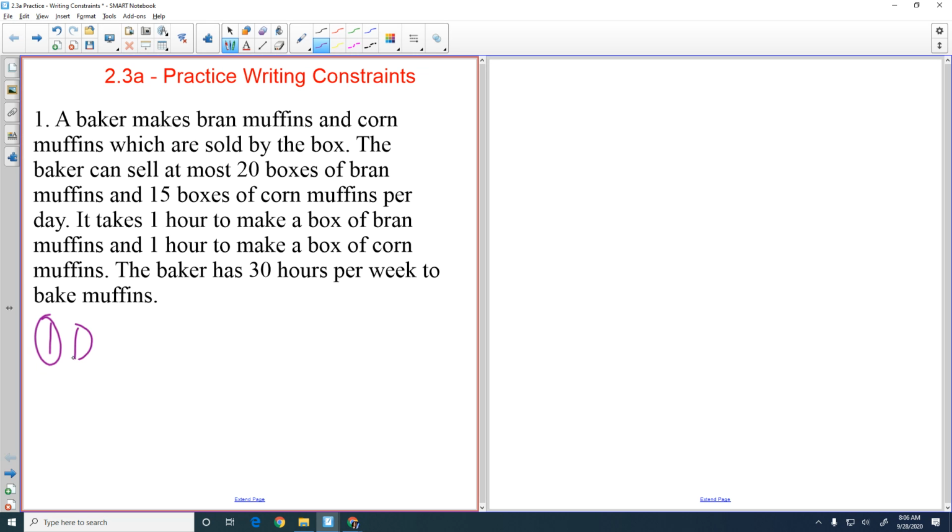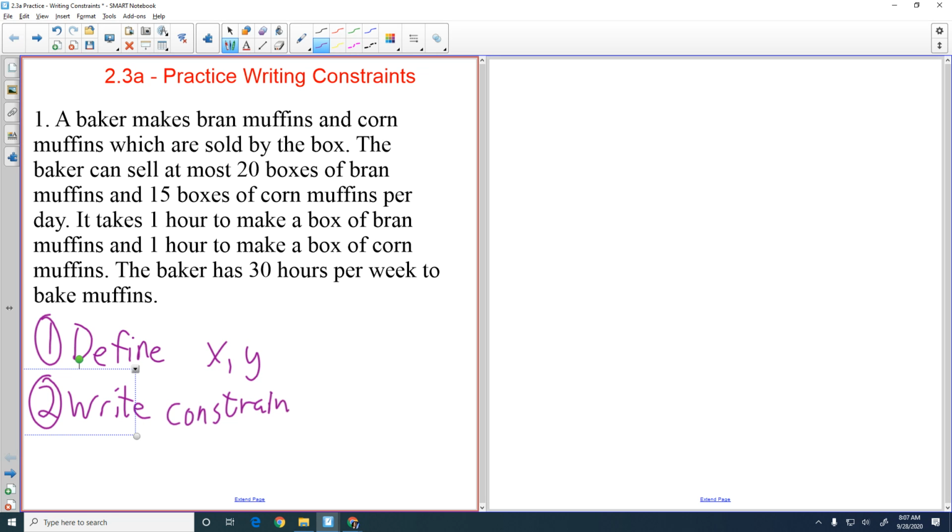What does y equal? So define x and y. After we do that, then we need to write our constraints. Those are those inequalities.